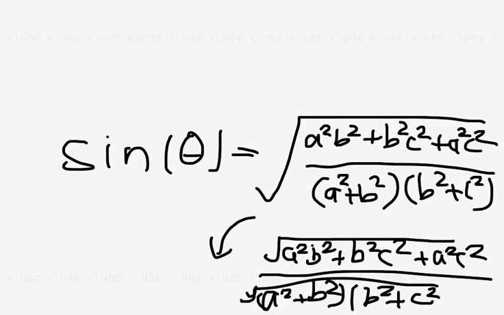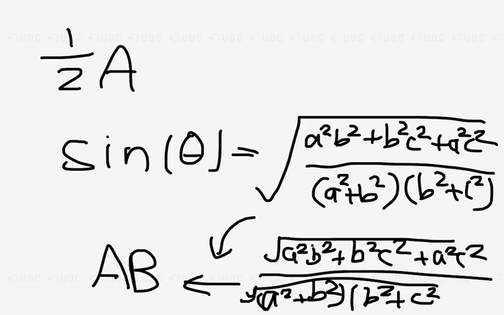And you might remember that this is actually equal to A times B, which helps us because one of the formulas for area is half A B sine theta.